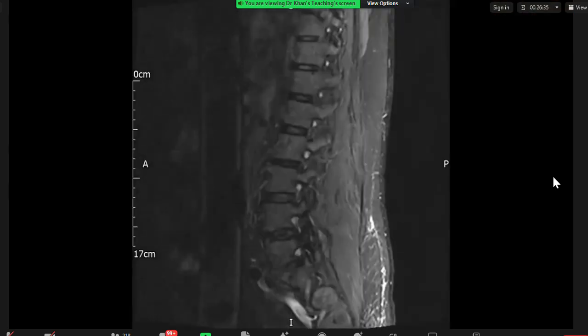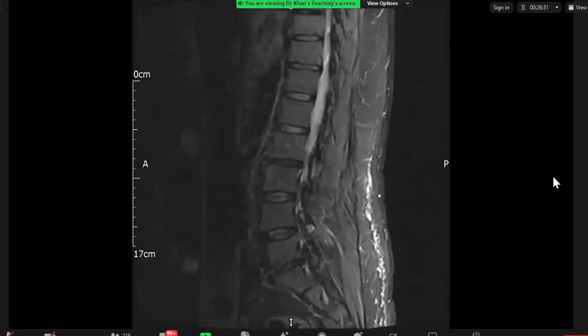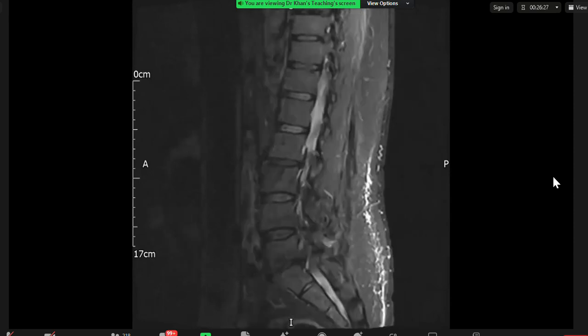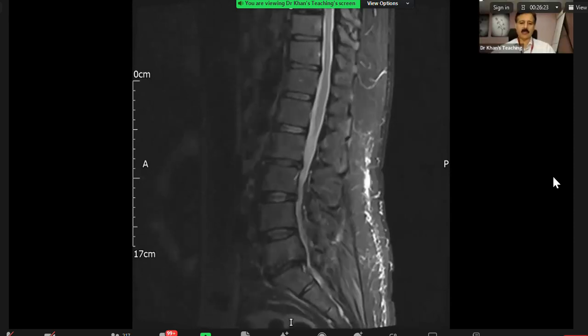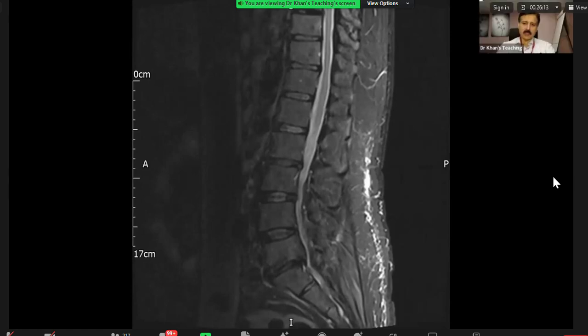So fat suppressed. STIR sequence. Oh, STIR, sorry. Fluid sensitive. Just hold on the abnormality again. The abnormality again is similar to the CSF and cord. Okay, please continue. Next series.